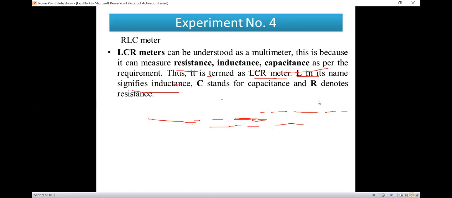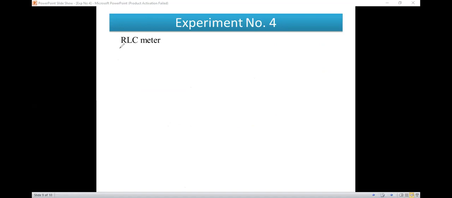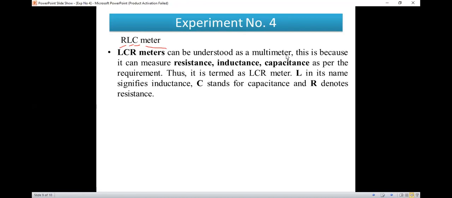Then the last type of meter is the RLC meter. Its name indicates that by using this meter we measure the resistance R, inductor L and capacitor C. So this meter can be used for measurement of resistance, inductor and capacitor, or it is called an LCR meter also.